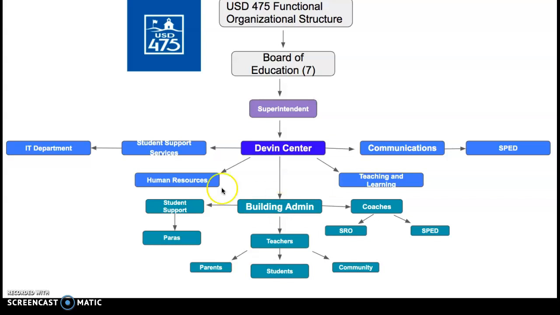successful. And when I say student support, I'm talking about our MTSS coach and school counselors and people that just ensure success for our students.